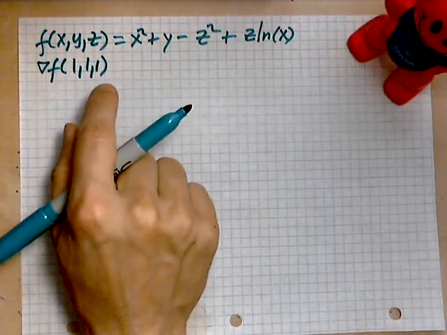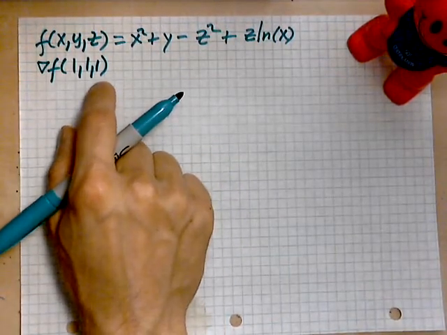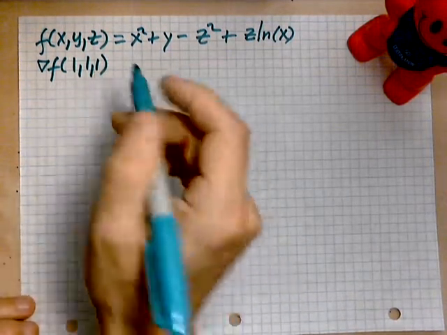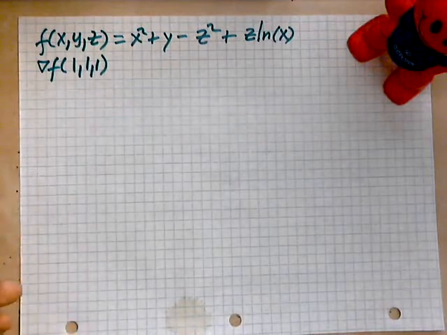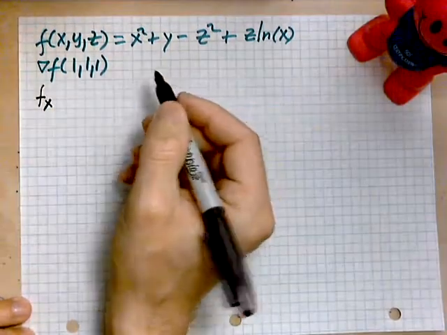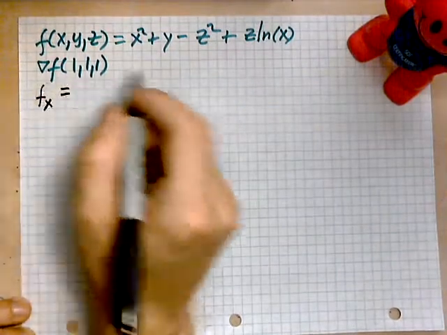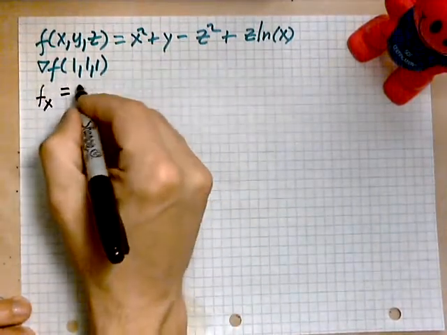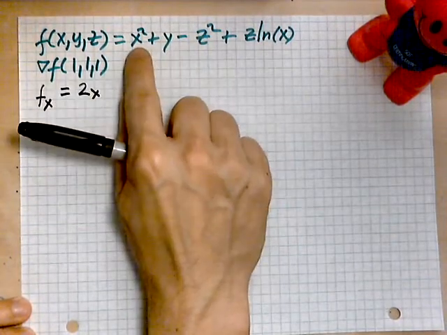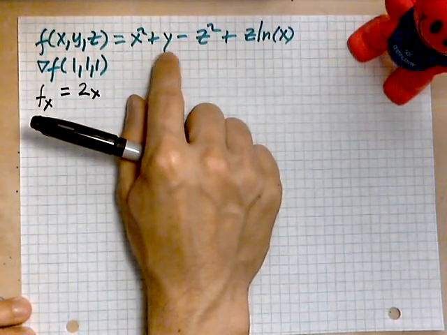Of course, all you need to compute are the partial derivatives of this function with respect to each of the variables. So let's do that right now. So f sub x, the partial with respect to x, is given by 2x. The y and the z squared terms go away, since with respect to x these are constants, so they differentiate away.